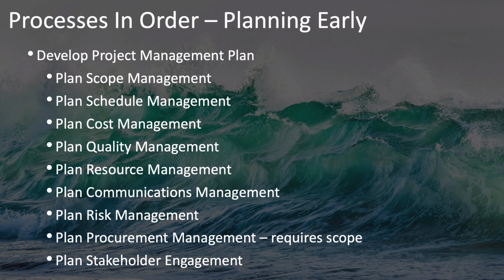And in many cases, it's the right thing to do, with one exception. And that is plan procurement management, because this is dependent upon the scope, which won't have been defined yet. So if you want to create all of your plans early, you certainly can, except for the procurement management plan.